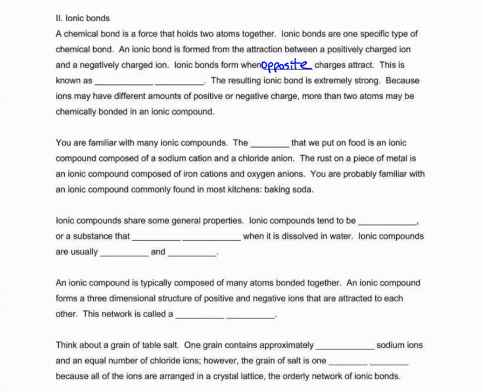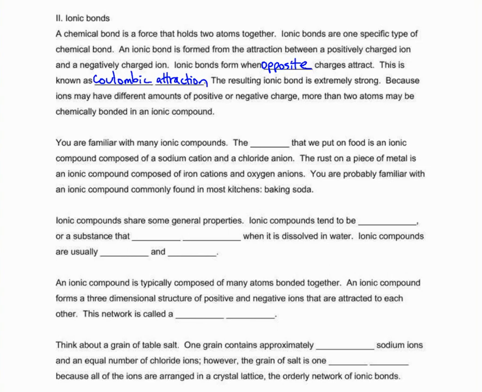There's a word for this when something positive and something negative attract each other, and it's called a Coulombic attraction. So be familiar with the term and what it means. It's really just an attraction between a positive and a negative.